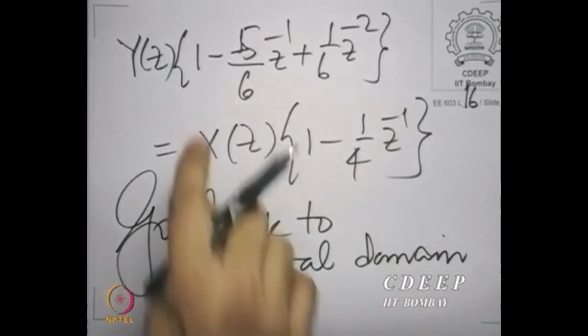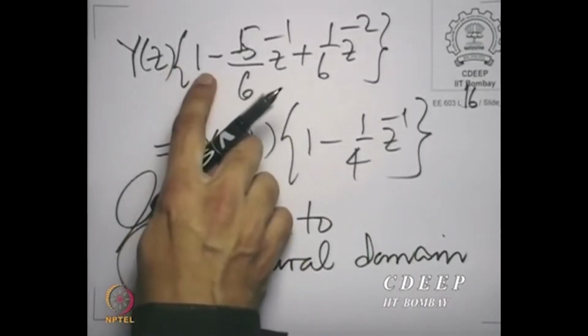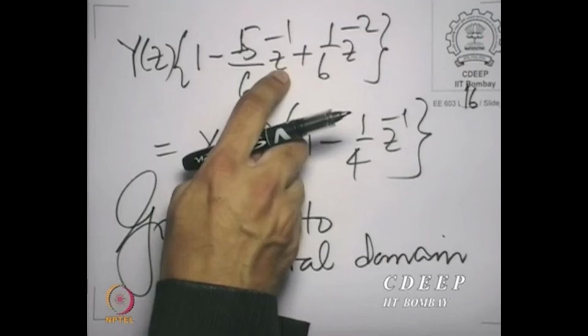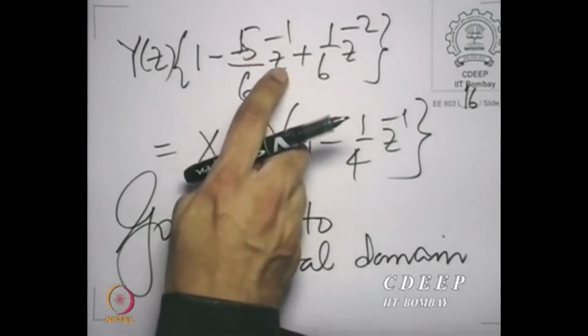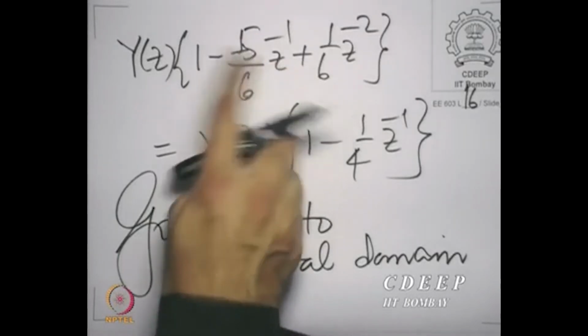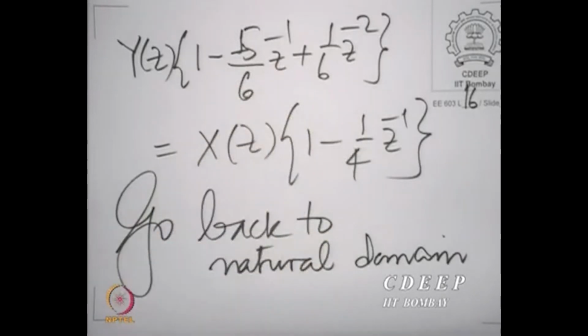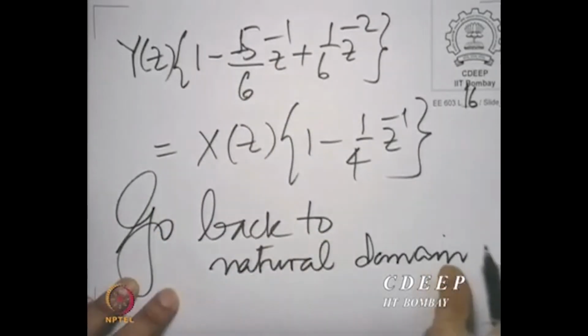So, of course, it is very easy to see that you would get y[n] here, and here you would get minus 5 by 6. The inverse Z transform of z^-1 Y(z) is y[n-1], essentially y delayed by 1, and so on. So, one can take the inverse Z transform on both sides.